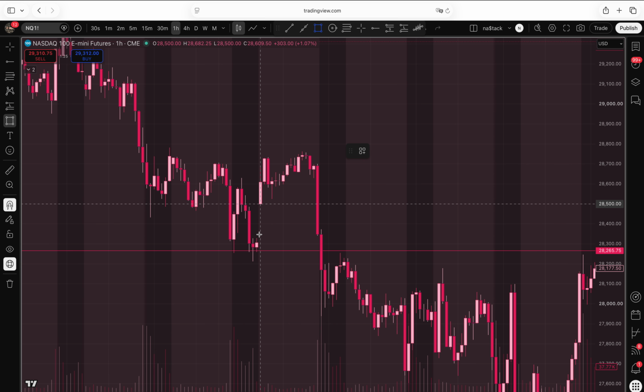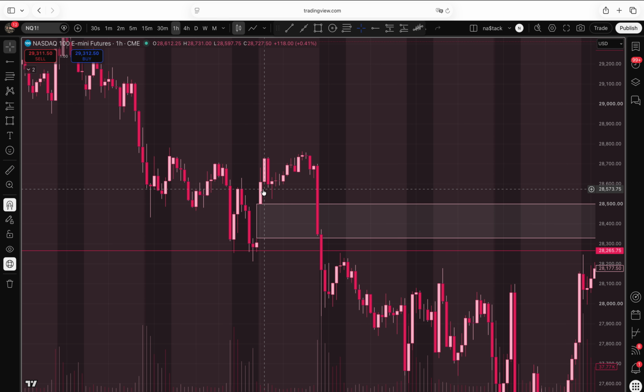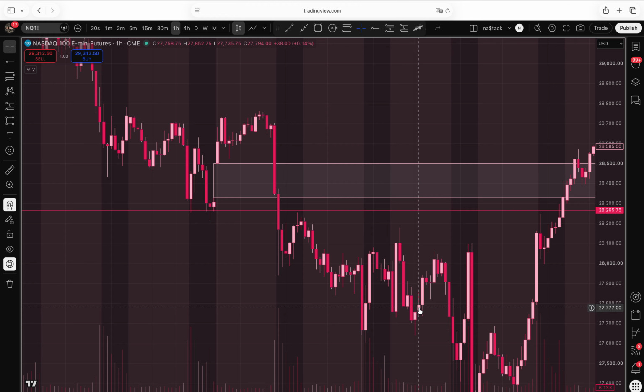Let's just mark it. You can mark it from when price opens at 6 o'clock. You're like, okay, I'm going to wait to see, and I know eventually price will fill this gap.